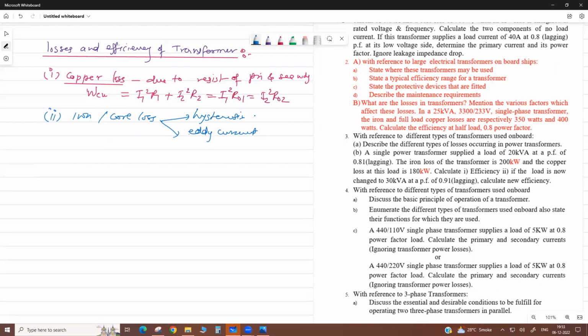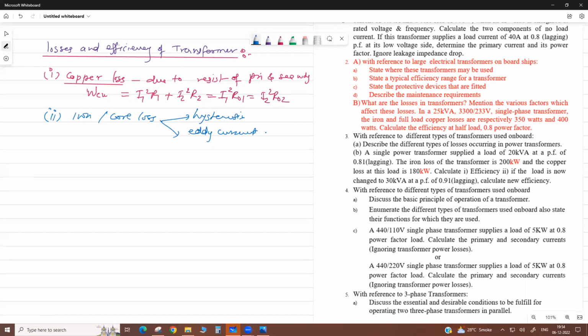Because in AC at 50 Hertz, your transformer core is magnetized, demagnetized, magnetized, demagnetized. So there is an associated hysteresis loss, which appears as heat. Eddy current loss is I square R loss because an EMF is also induced in the core material, and due to core resistance there is a loss.